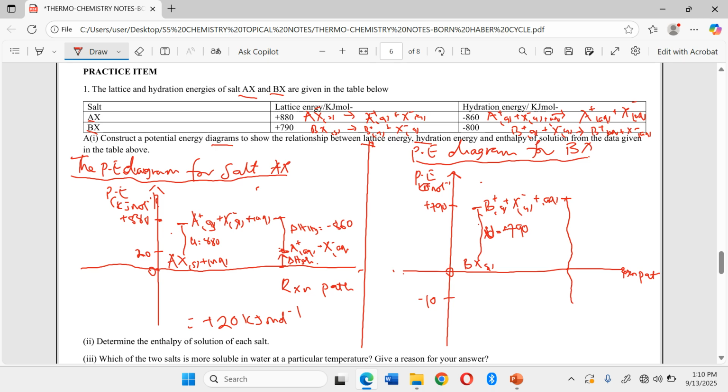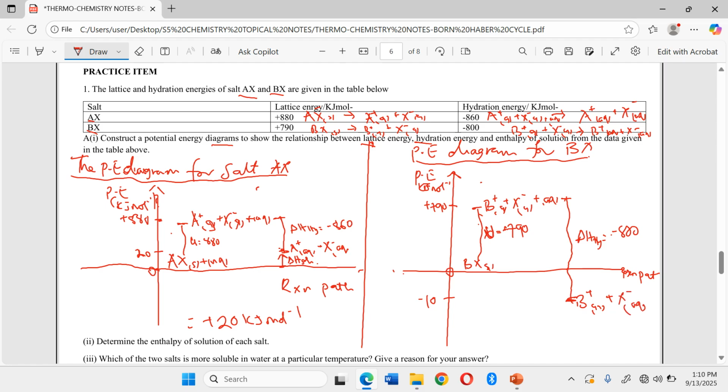This is the enthalpy of hydration, which is negative 800. Here we form our B plus aqueous and X aqueous.